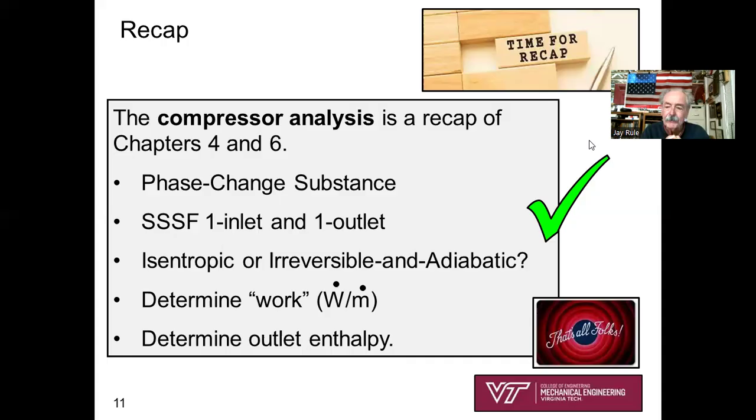Your job is to determine the work, little w, which is W dot over m dot. And then once you've got W dot over m dot, that's when you'll then determine the outlet enthalpy if you have the actual situation, the adiabatic and irreversible situation.